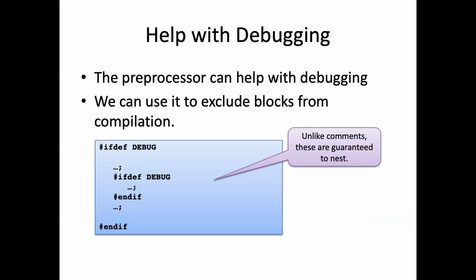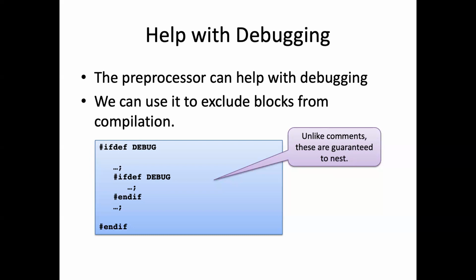If you take a block of code that you want to leave out, debugging code or not, and you put a start of a comment at the start and an end of a comment at the end, it's common for people to do that, but it could be a bad idea, because what if you comment out a block of code and then you comment out a block of code that contains that first block of code?